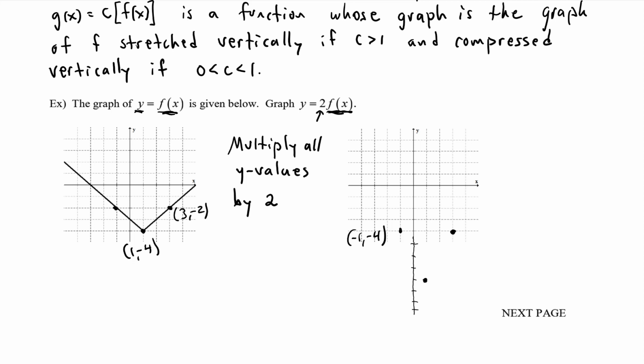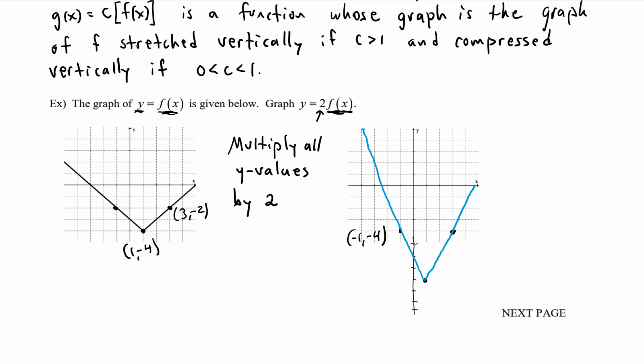So now it's got the same shape though. It's still going to have this V shape. So draw in our V shape here. But notice it did stretch it vertically. So it brought the sides in and made it a little bit more narrow.